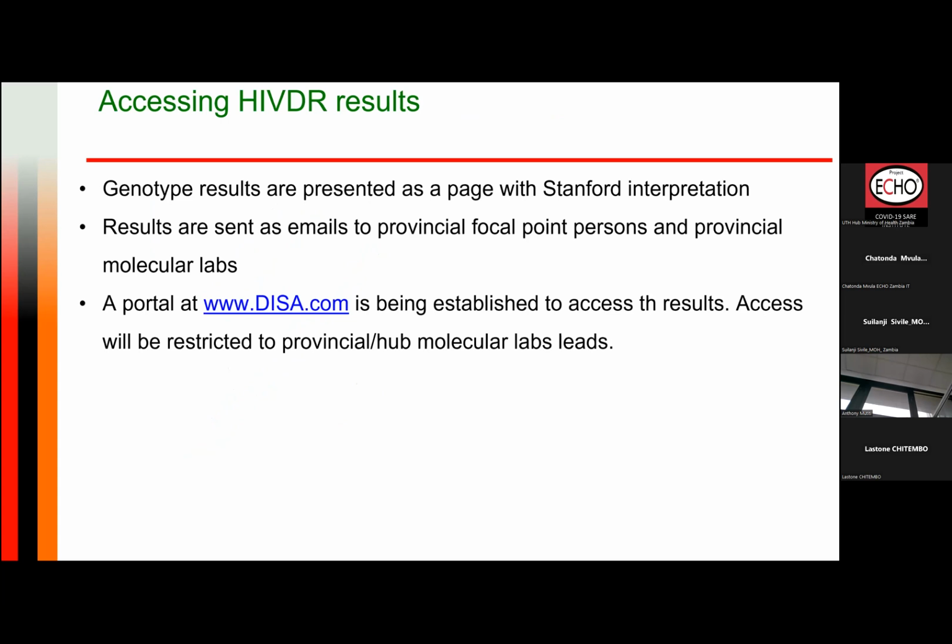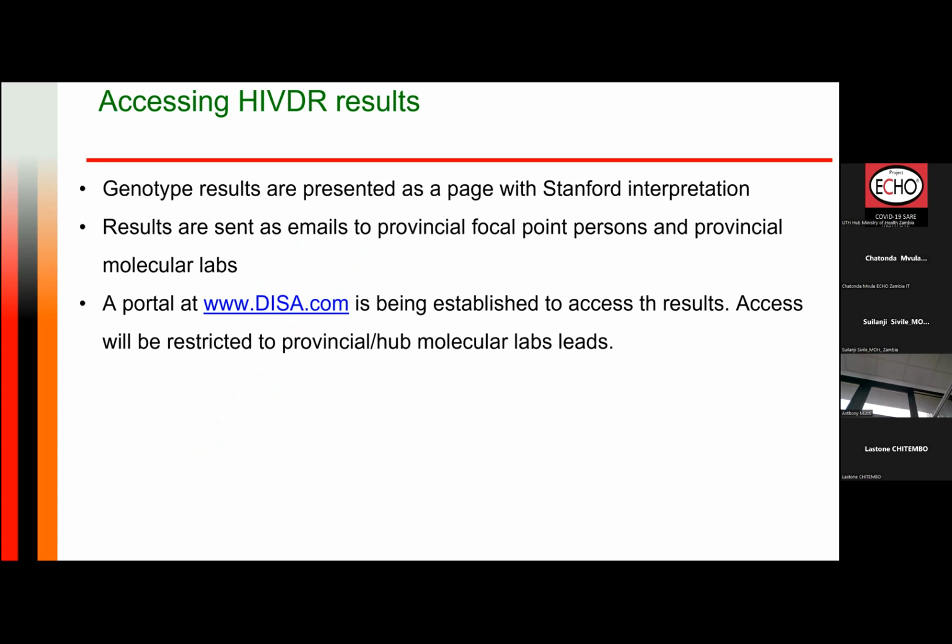Accessing HIV drug resistance results is another problem, because the results come as a page, you can't really SMS them or just read them out. So currently they are being sent as an email to the provincial focal point person at the provincial molecular labs.